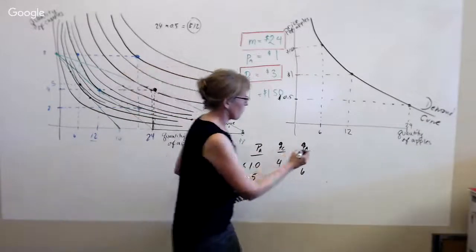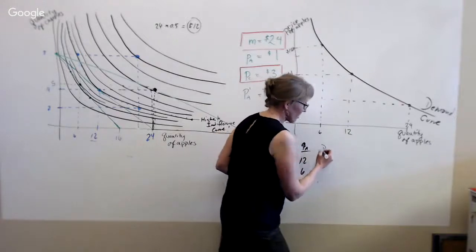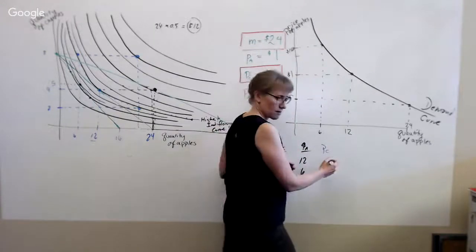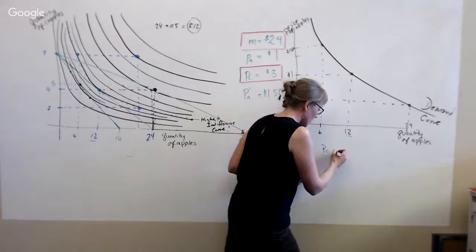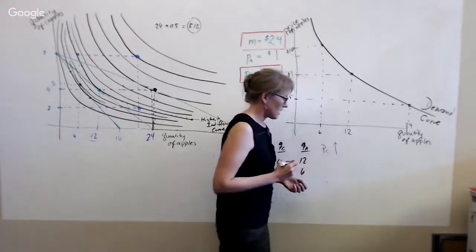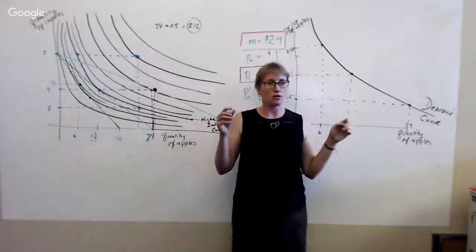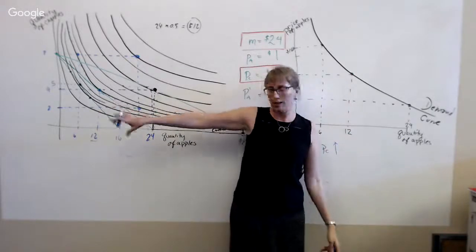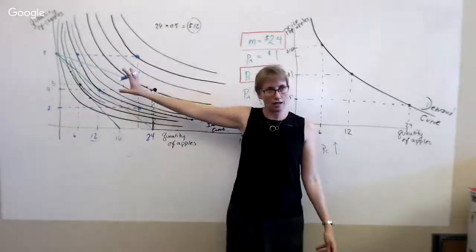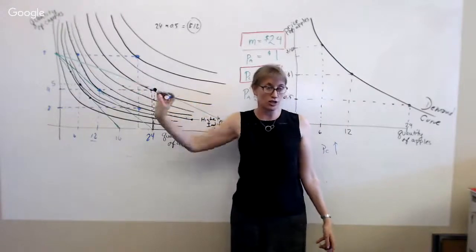Let's suppose the price of cherries rises. Now, price is no longer 3, so this is no longer relevant, so I'm going to stand in front of it. And we could go over here and use these indifference curves to answer this question.